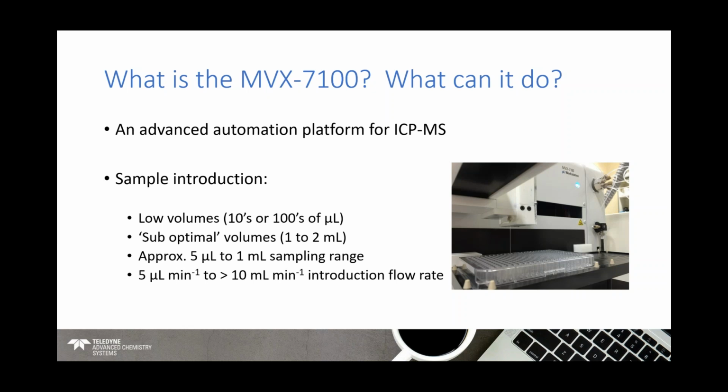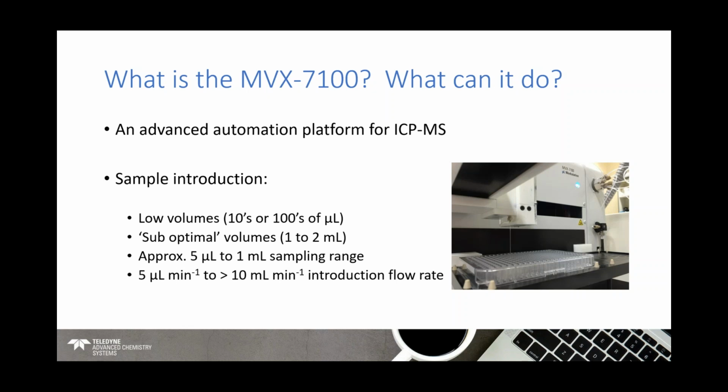You might use the MVX for working with what you might refer to as suboptimal sample volumes, where you just have a little bit less than you need, just less than you would typically run with standard automation. So we might be talking about 1 to 2 milliliters here, or a bit less than that. The sampling range for this system is approximately 5 microliters up to about 1 milliliter.